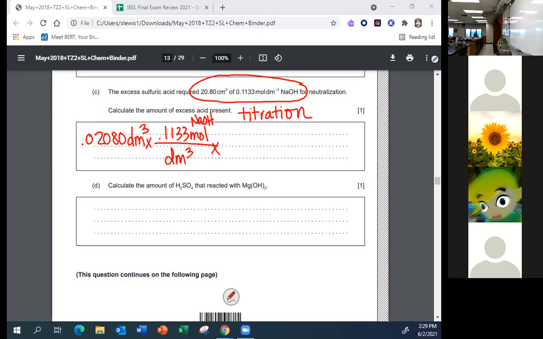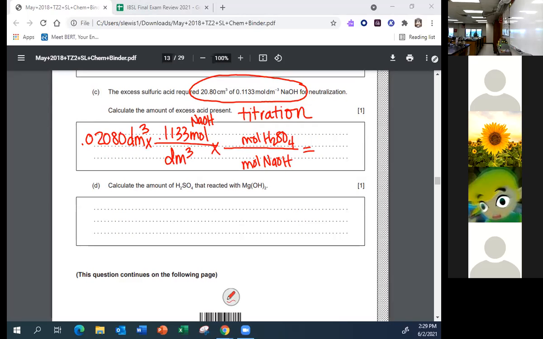And then I do a mole ratio, moles of NaOH to moles of H2SO4. That will tell me how many moles of excess acid I have present.